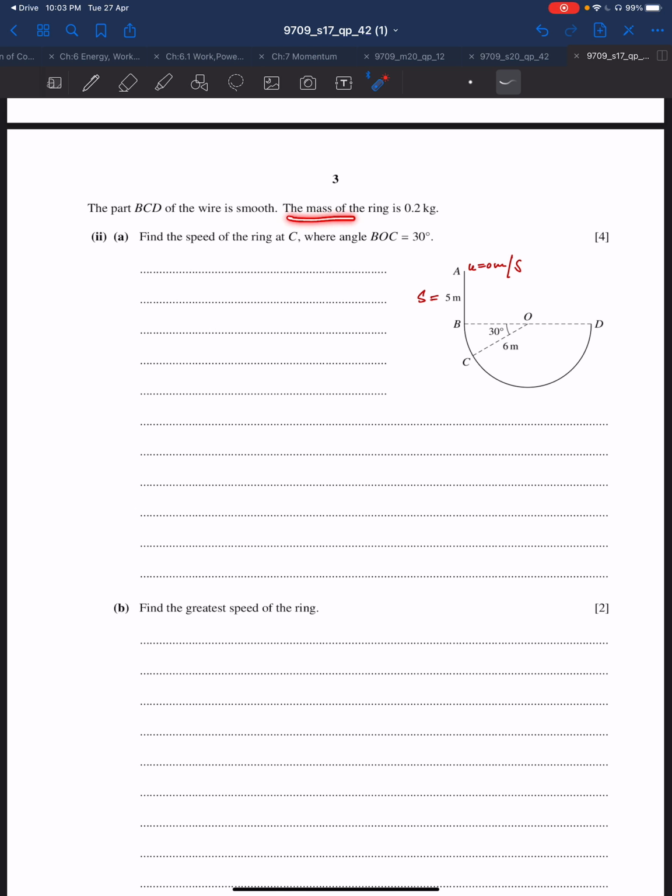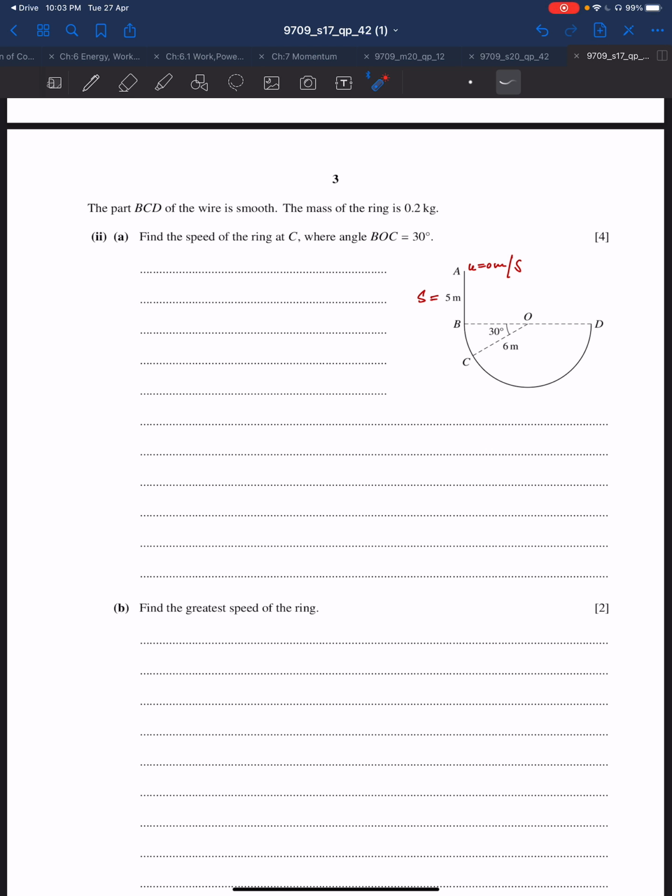The mass of the ring is 0.2 kg, and find the speed of the ring at C, where BOC is 30 degree. So what we are going to do, we'll find out the height. As this path is smooth, whatever potential energy at B would be converted into change in kinetic energy at C, right?